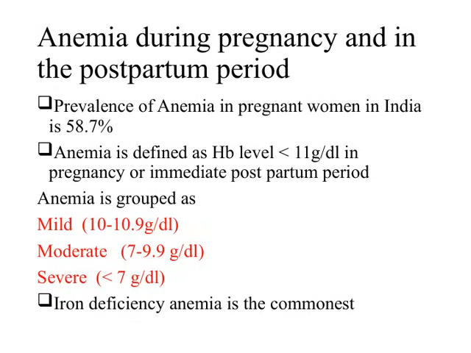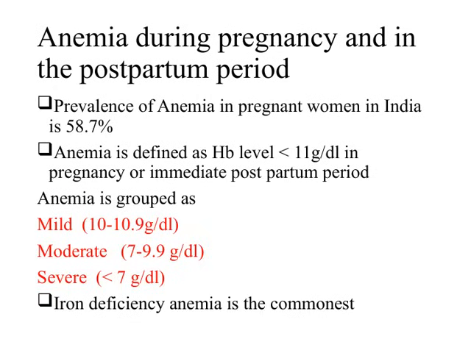Anemia isn't all the same, though. It is categorized based on severity. Mild anemia is when hemoglobin is between 10 and 10.9 grams per deciliter. Moderate anemia falls between 7 and 9.9 grams, and severe anemia is when hemoglobin drops below 7 grams. Most cases of anemia during pregnancy are due to iron deficiency, making it the most common cause.